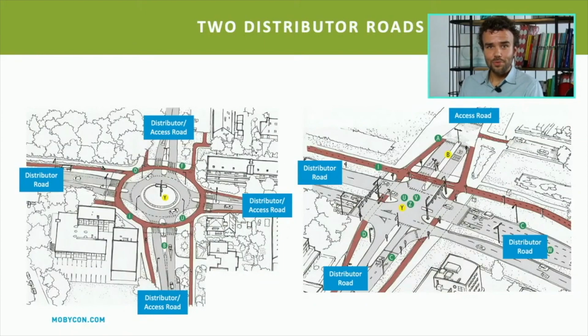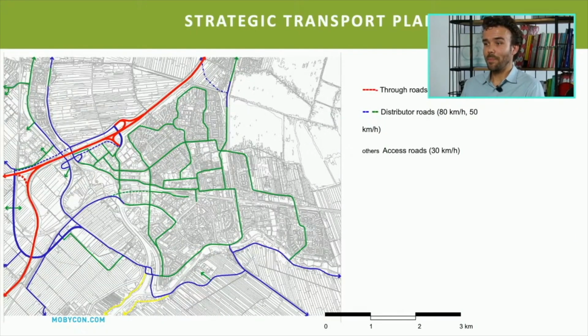And only if there's two arterial streets that meet, then we see preferably a roundabout on the left, but in case there's too much traffic flow and want to accommodate that, then we do a protected signalized intersection, as you can see on the right. And that's all mandated by the transportation plan that every city makes and updates every 10 years usually. So that's a plan that kind of looks like this.